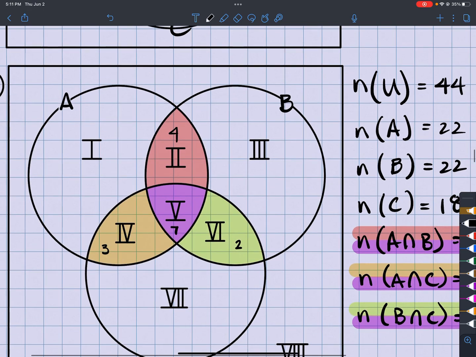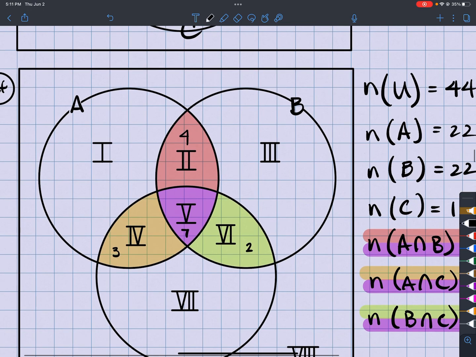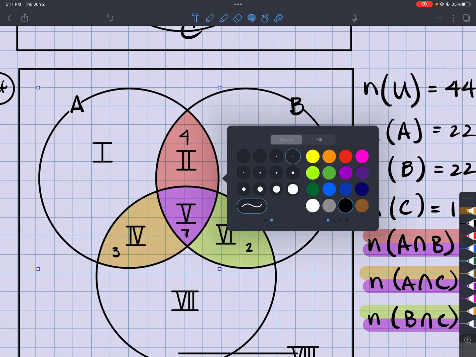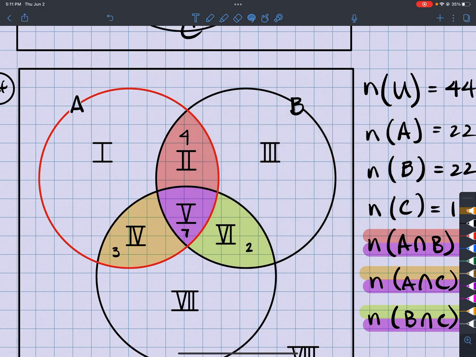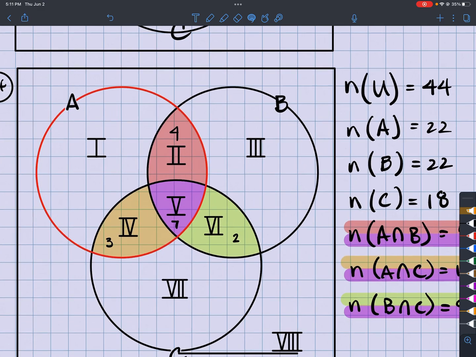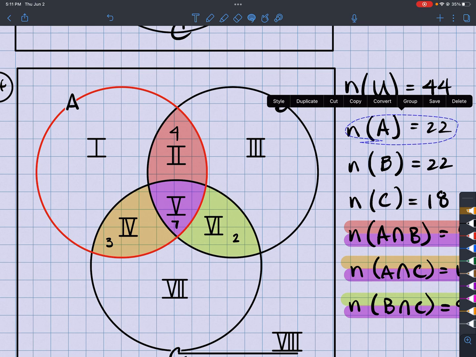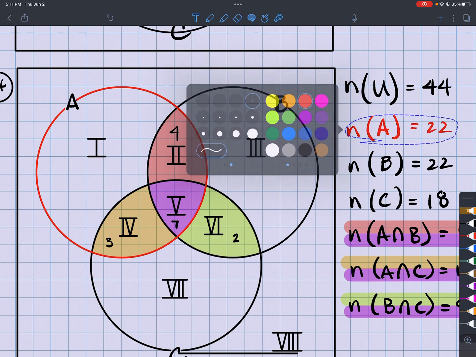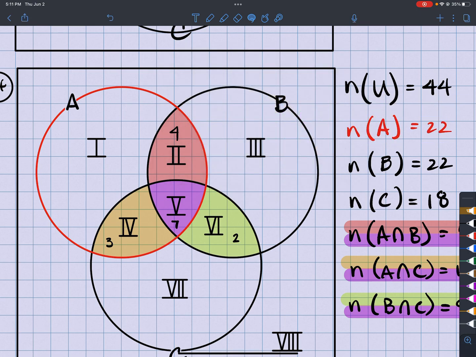Okay. So let's take a look at this circle right here. Let's call it red. So that circle right there has 22, because this says right here that the cardinal number of set A is 22. Well, if this whole red circle is 22, this part here takes up 4, takes up 7, takes up 3.